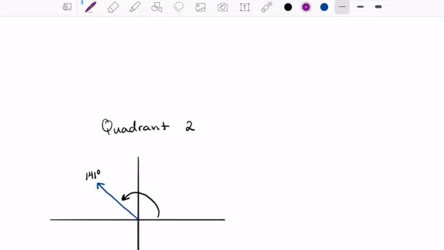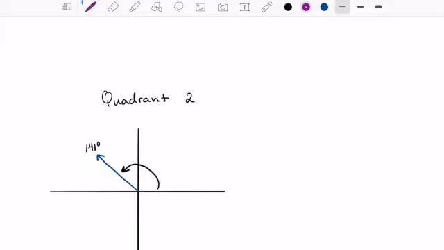Let's look at example number 2. They give us this angle saying that it's 141 degrees. They want us to find the reference angle. So again, remember, it's always positive and it's always acute. It's the fastest way back from that terminal side back to the x-axis. Well, if this is the fastest way back, what's the measurement of theta? Well, we know this is 180 degrees.